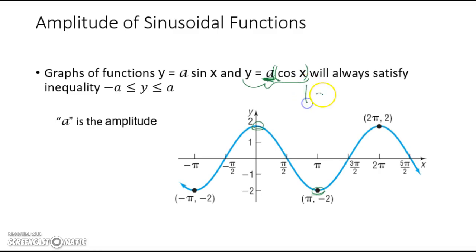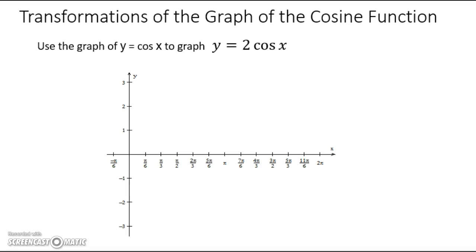And the absolute value of that, here we can see on this graph that the amplitude is 2. So what was a maximum of 1 on the parent cosine function is now a maximum of 2. And what was a minimum of -1 on the parent cosine function is now a minimum of -2. So everything we learned about amplitude for the sine function still holds true for the cosine function.